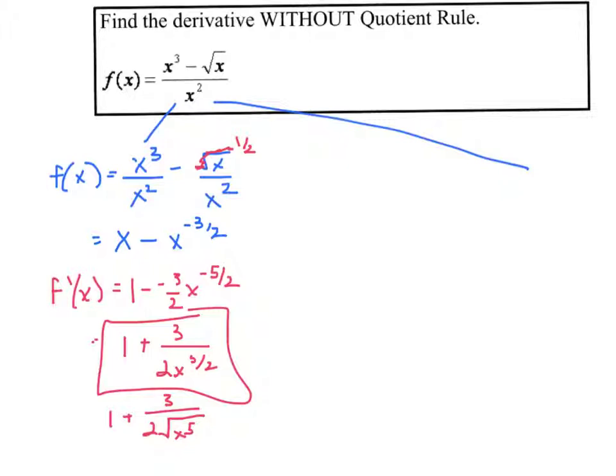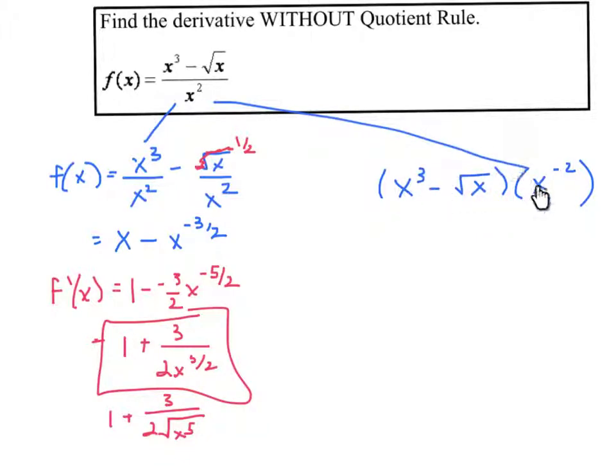The other way we could approach this would be to turn it into a multiplication. So we have x cubed minus the square root of x multiplied by x to the negative 2nd. Okay, just taking that x squared in the denominator and moving it up. And again, I don't want to use product rule here. I certainly could, but why don't I just multiply it out?